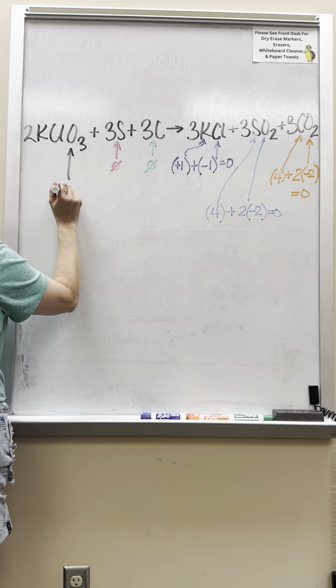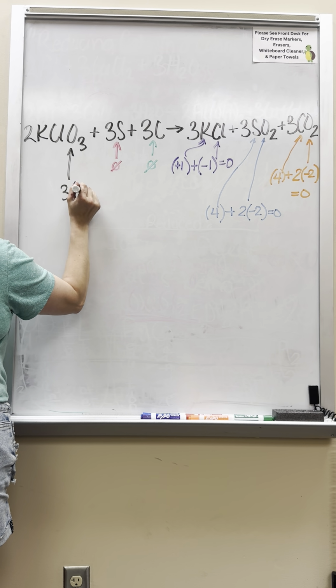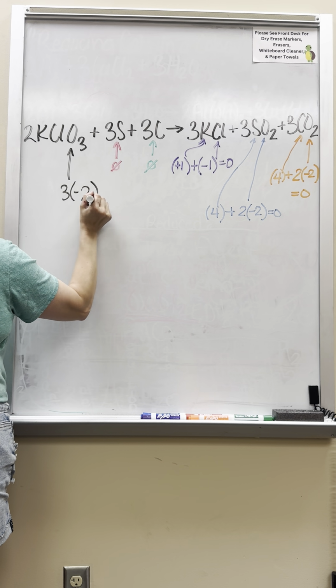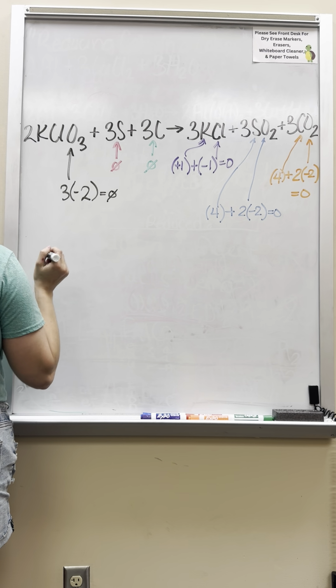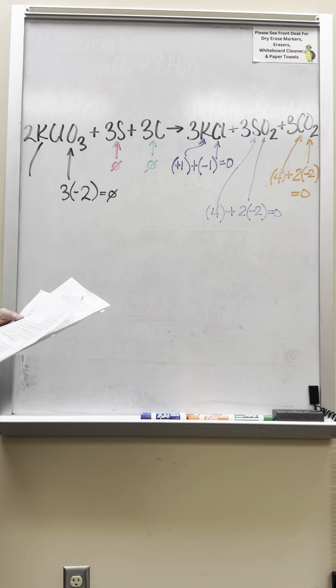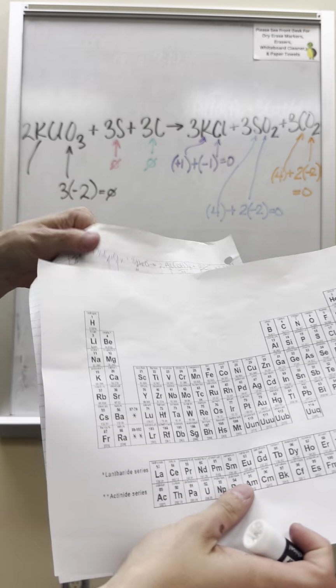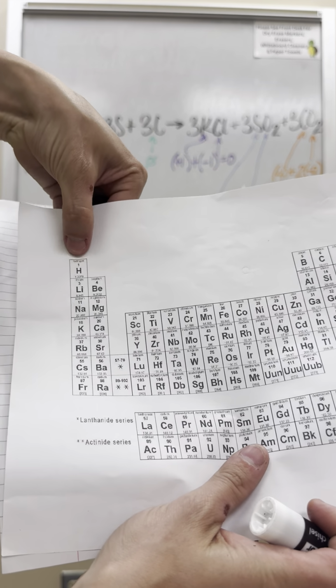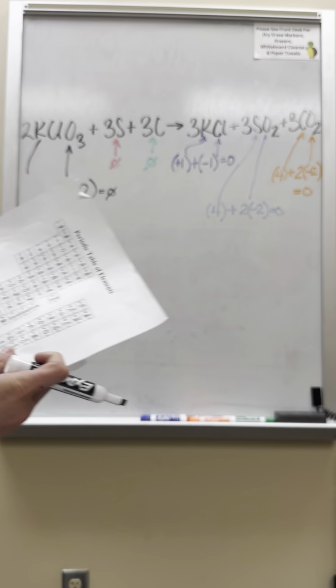O is normally -2. Multiply it by 3. Okay. K, as we said here, potassium, is normally a +1 charge.